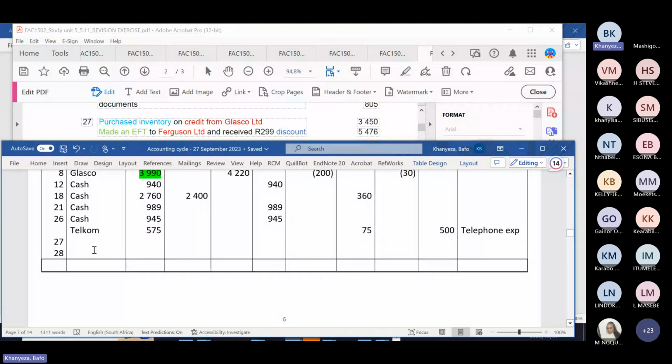The payee is Ferguson. So it shows that we paid Ferguson 5,476.